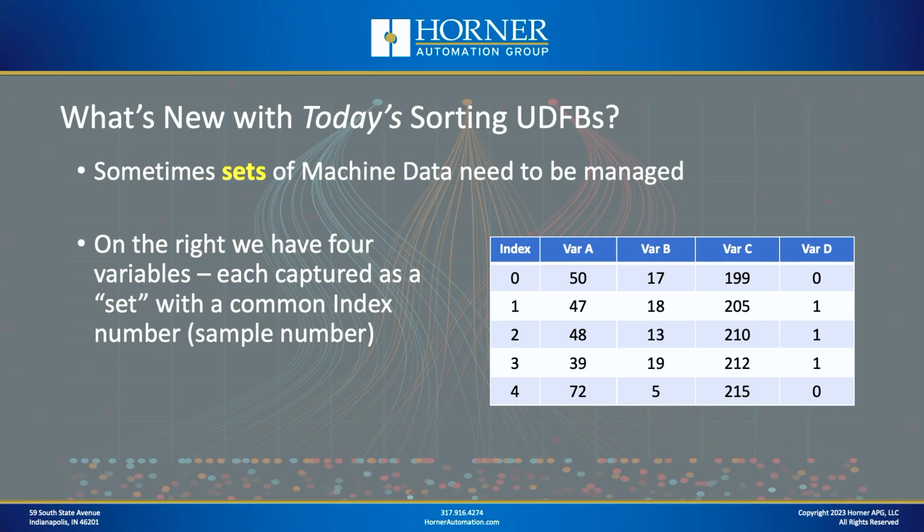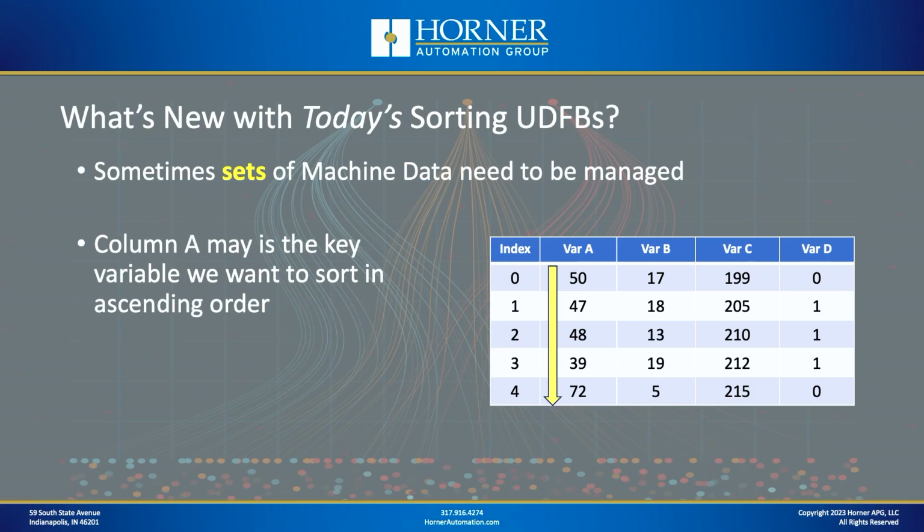Index 0, 1, 2, 3, and 4. Each of those indexes, each of those rows in that table, if you will, correlates to a sample taken at the exact same time. So those variables are related in terms of when they were taken. You can think of the index in this example as a sample number, if you will.